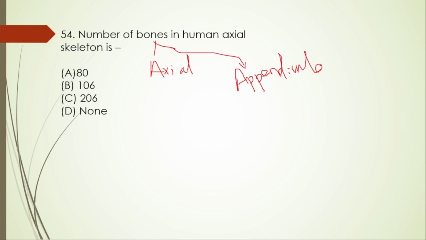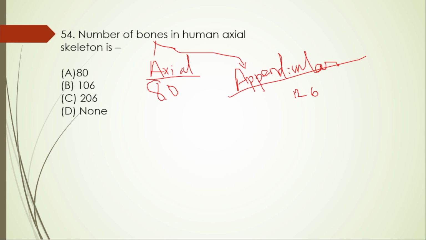So here appendicular has 80 bones. Sorry, axial has 80 bones, sorry for that. Axial has 80 bones and then appendicular has 126 bones.